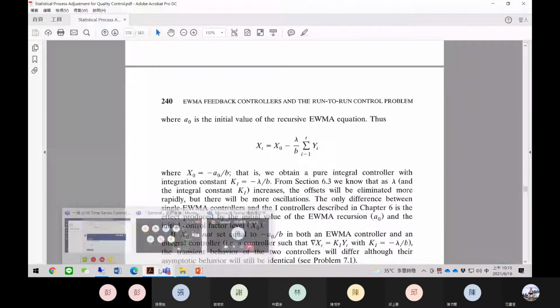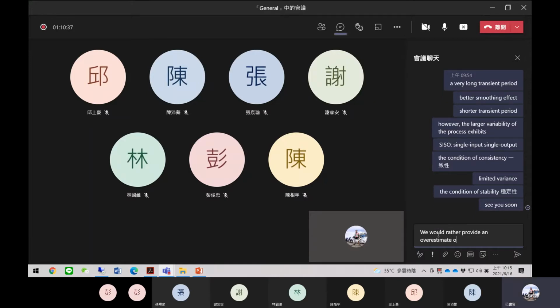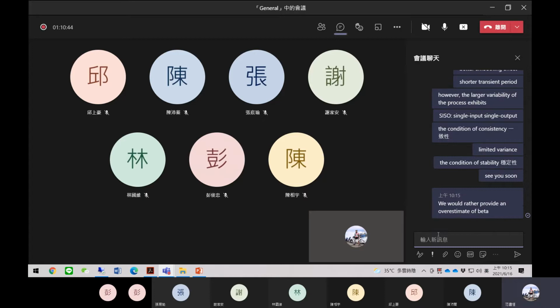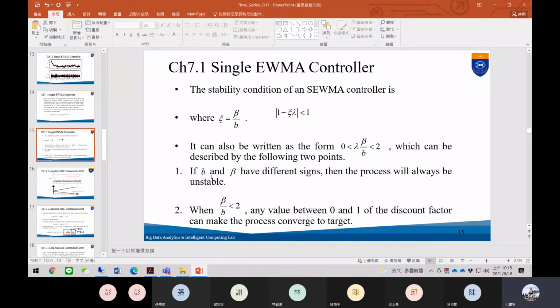So we would rather provide an overestimate of beta, a larger estimate, however, it needs to be of the same sign. If b and beta have different signs, then the process will always be unstable.